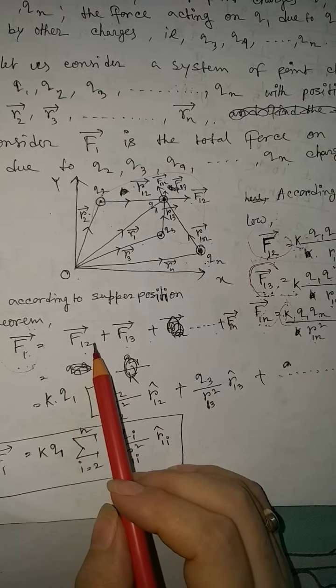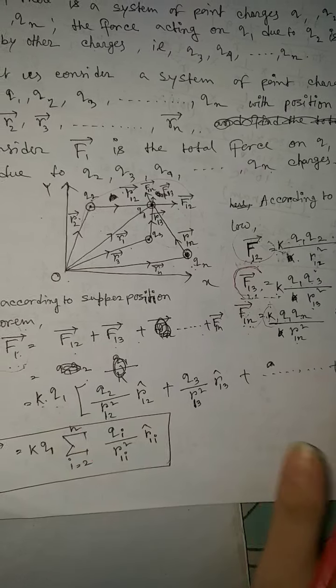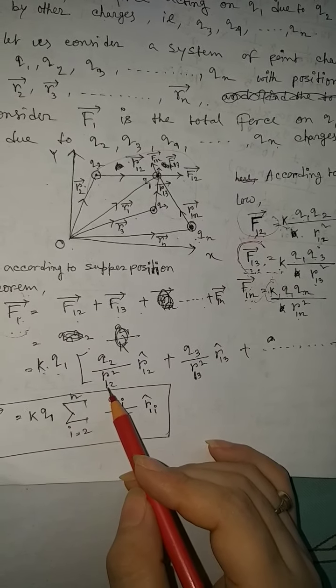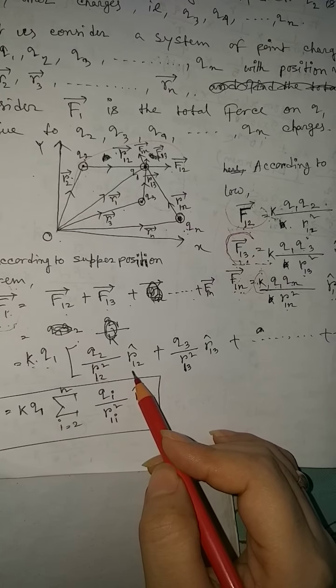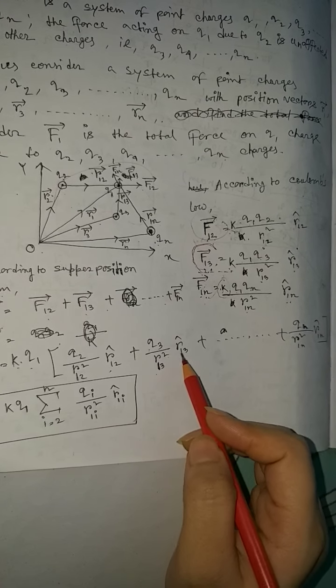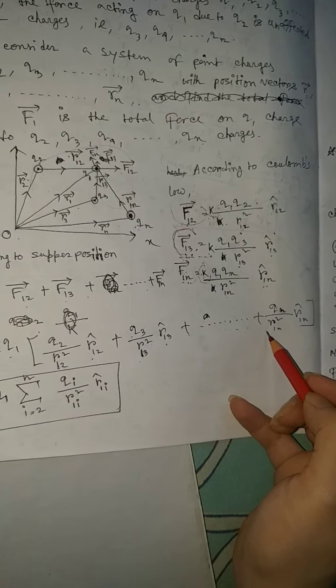K into Q1 is common in all the terms. So Q2 by R12 square into R12 cap plus Q3 by R13 square into R13 cap plus Qn by R1n square into R1n cap.